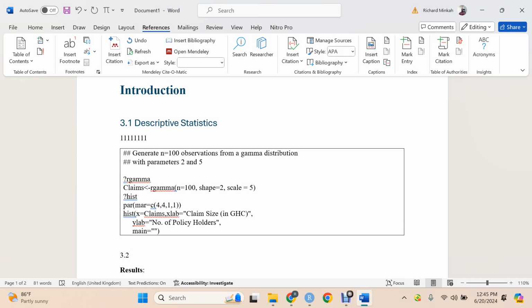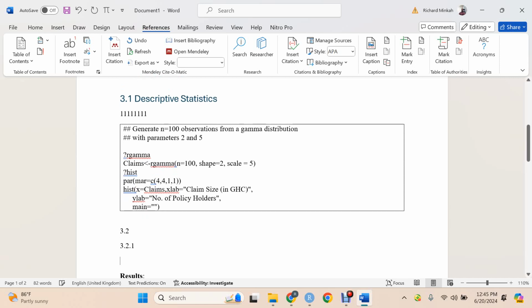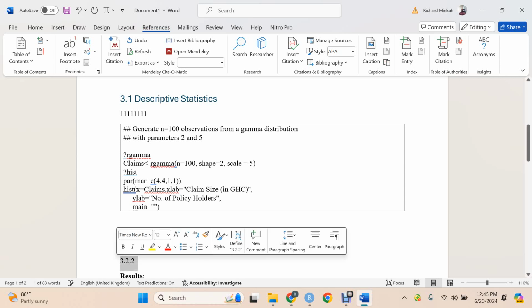Then there's no division whatsoever. Is everybody okay with it? So if I have 3.2 alone, I cannot have 3.2.1. If I'm going to have 3.2.1, then there must be 3.2.2. Okay, so if we were to do this, this will be Heading what? Heading 3. And so for them we move on like that. So please take note of all this.